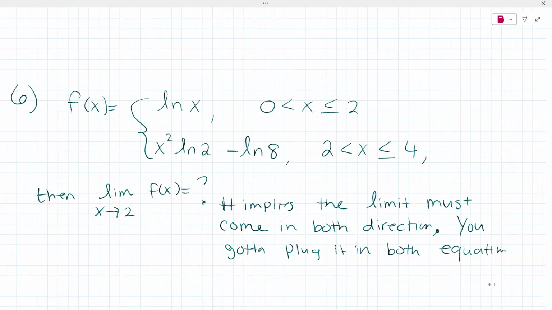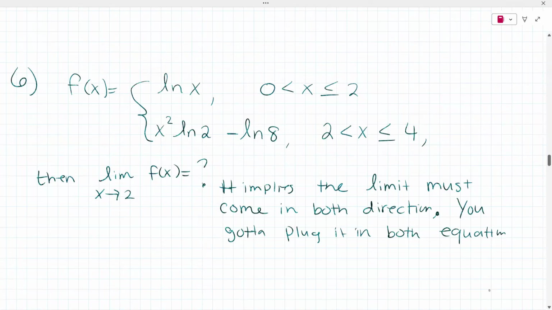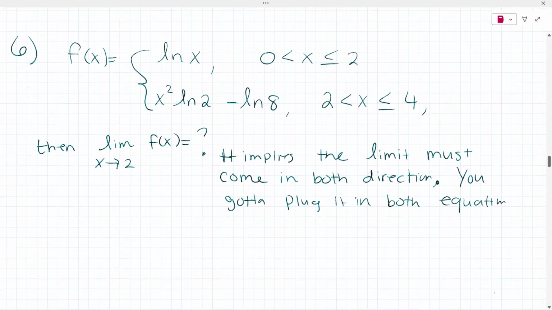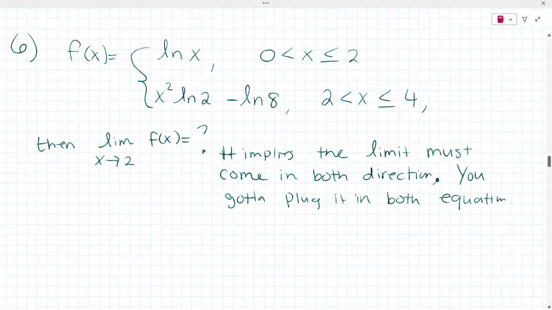So what we're trying to say is this. In the first equation we have ln of x. So if you plug in the x value 2, does that equal this equation where the x value is 2? So that would be 2 squared times ln of 2 minus ln of 8.